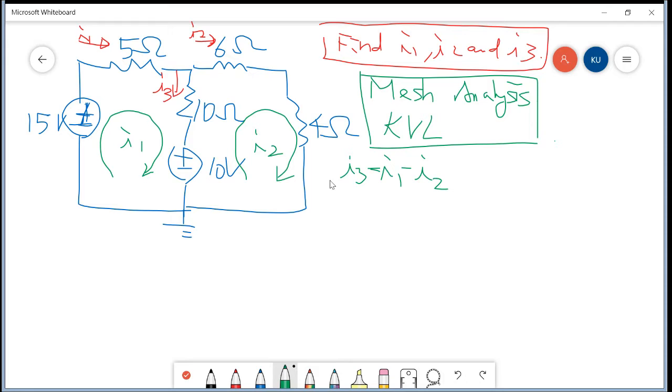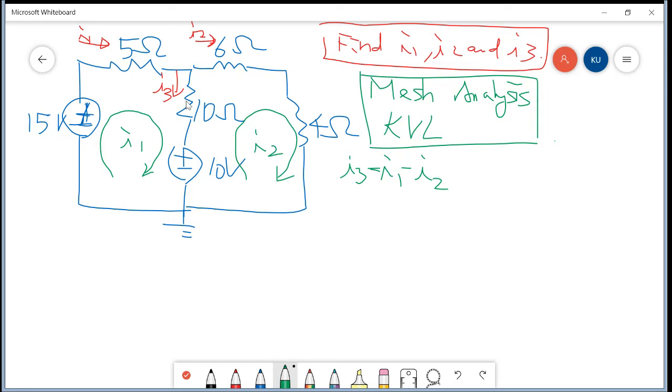But here, when we use the mesh analysis, we can use another direction to do the same thing. So in this case, I1 is clockwise, and I2 is also clockwise. So for this path, I1 is downward, and I2 is upward for this single branch. In this case, I1 minus I2 should be I3 going in this path.